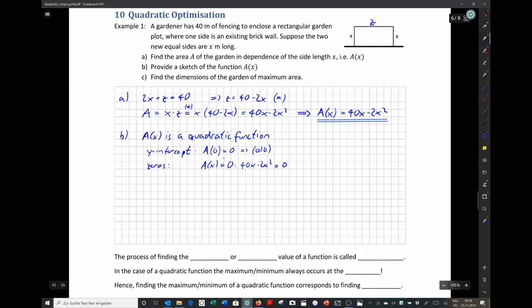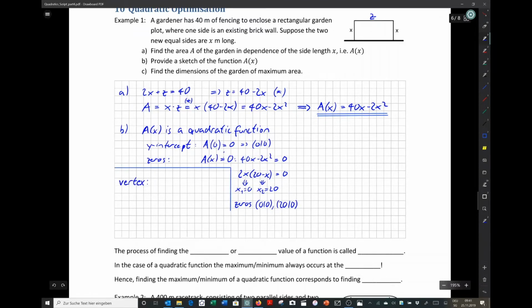We can factor out 2x: 2x times (20 minus x) equals 0, and we find x1 is 0 and x2 is 20. So the zeros are (0, 0) and (20, 0).